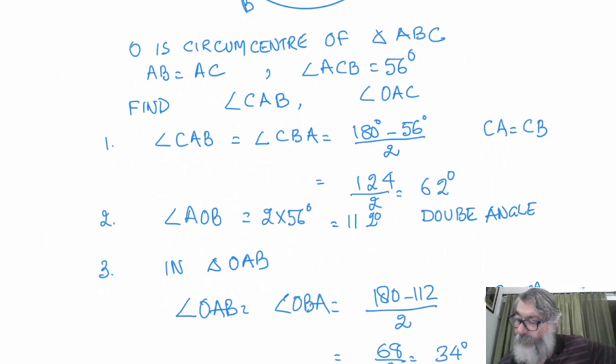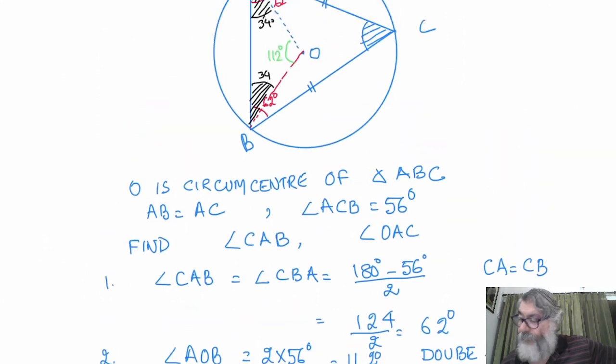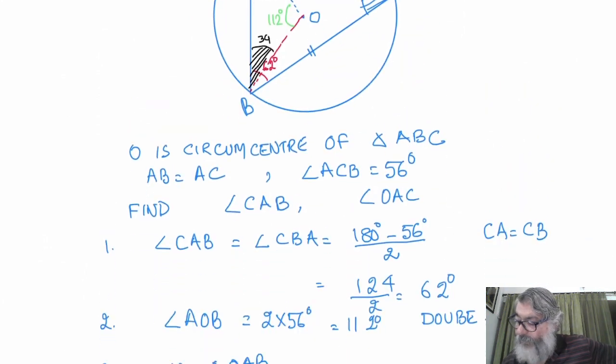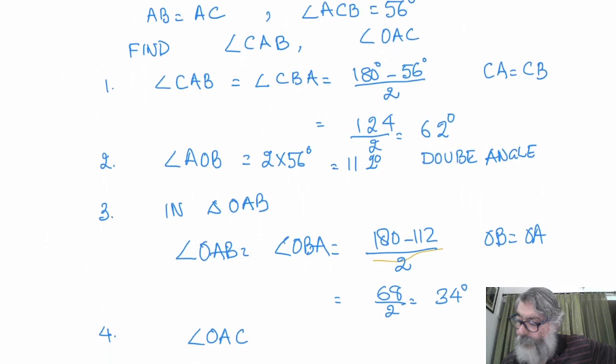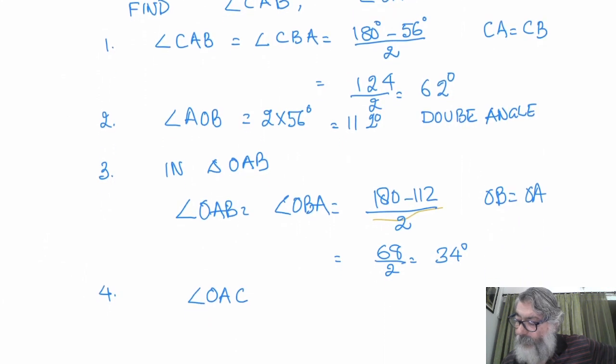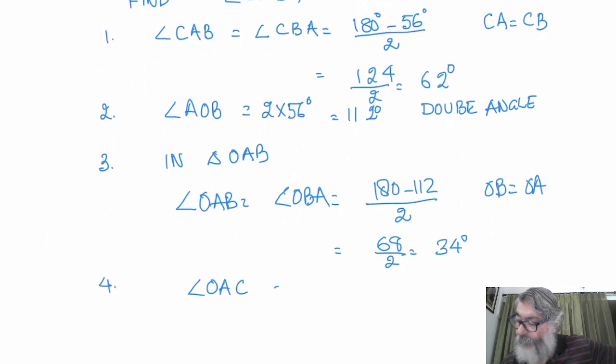This complete angle was 62. 62 minus 34 is 28 degrees. This is your answer.